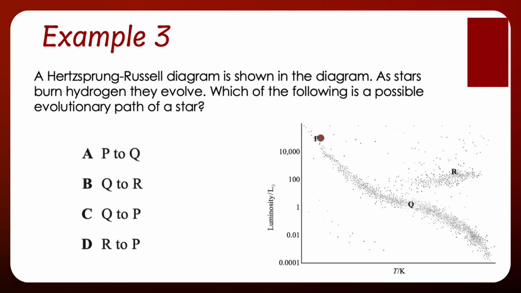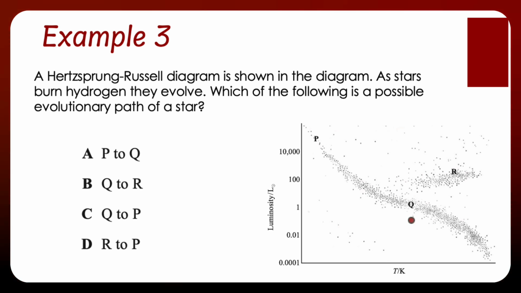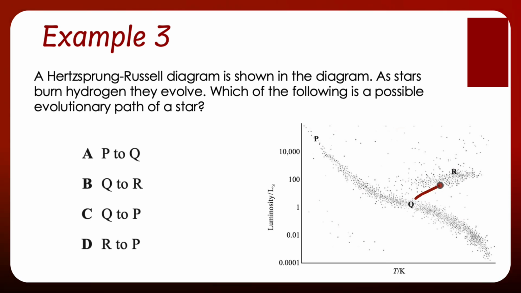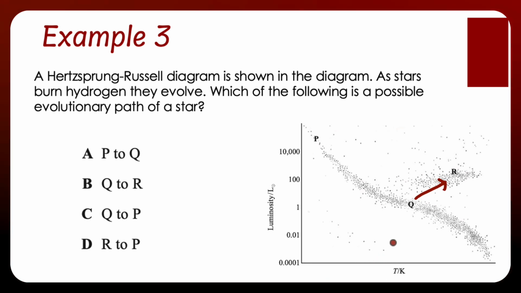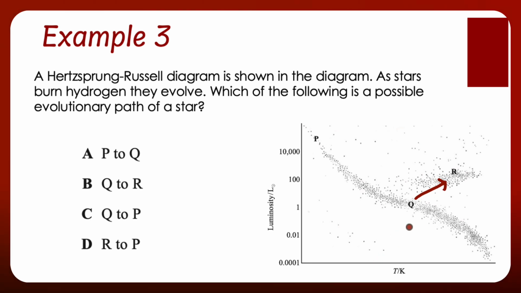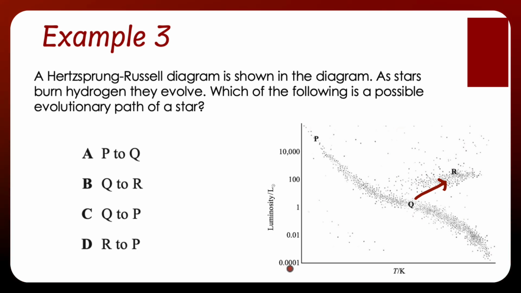Well, massive ones would turn into supergiants. That's not what we have here. We don't have a letter here for a supergiant. Now, we could have a main sequence star turning into a red giant, and that's the only possible path we have on our diagram. So we need to look for Q to R.